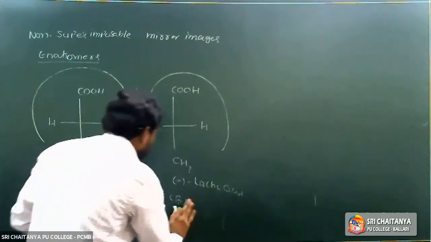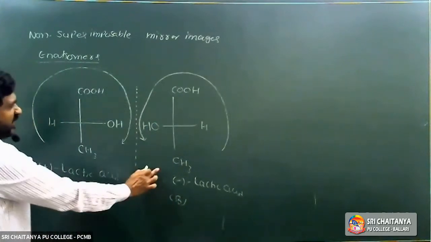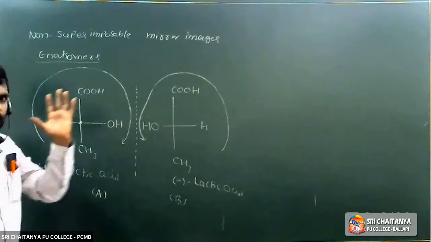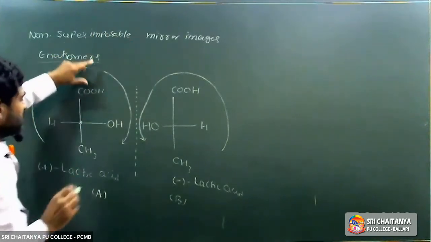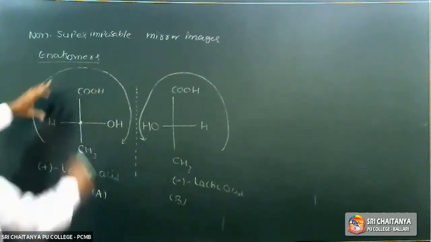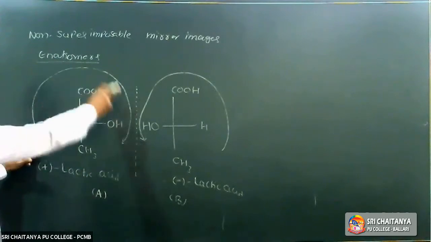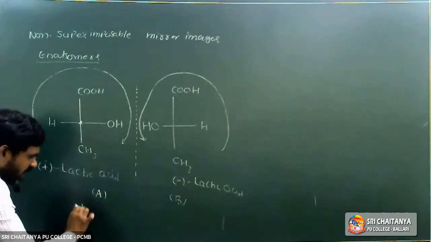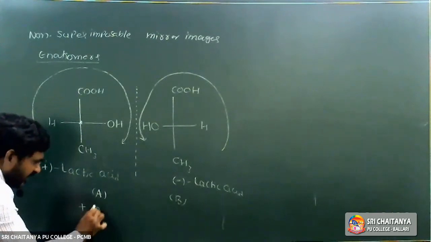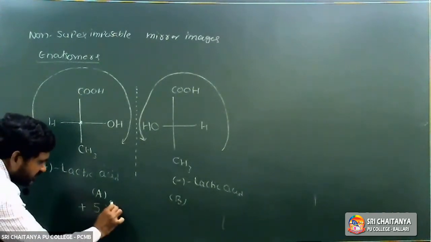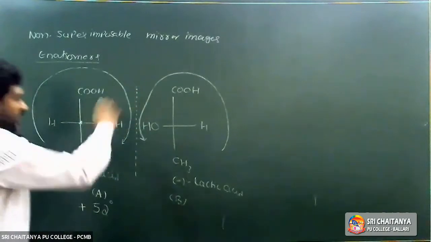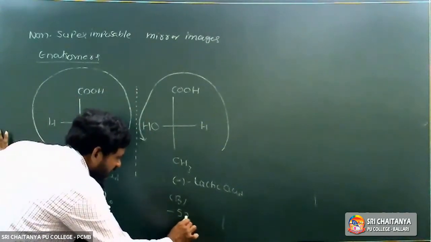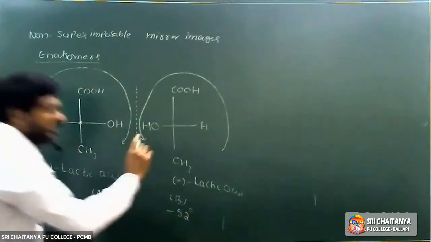This means the optical rotation is different. These two are mirror images, and each contains an asymmetric carbon. Non-superimposable mirror images are called enantiomers. Suppose the first compound rotates plane polarized light clockwise by 52 degrees. Its mirror image rotates plane polarized light in the opposite direction, by the same 52 degrees.